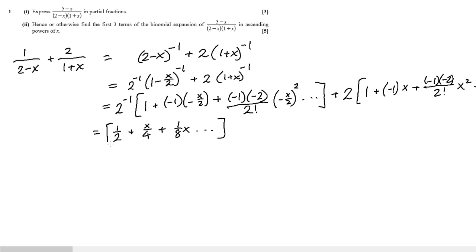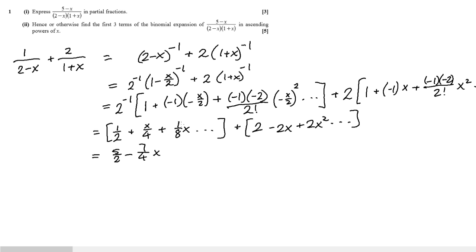It goes on, then you add the second terms, so we get 2 take 2x, add 2x squared, keep going, and now we can actually add the like terms. So half plus 2 gives me 5 halves. Then we take away 2 from a quarter, which will give me 7 on 4, minus 7 on 4 x.